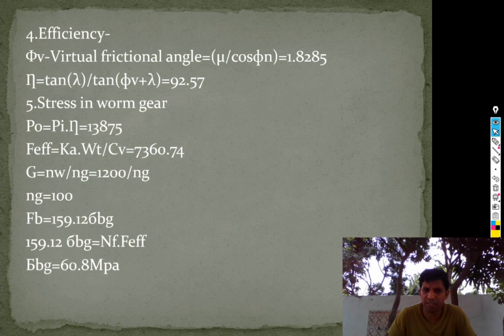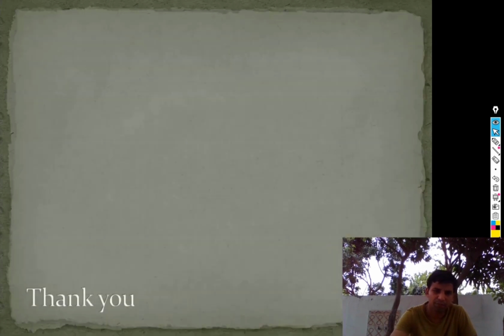We don't have the value of sigma bg, that is the bending stress for the worm gear. So by comparing this value of FB with the factor of safety multiplied by F effective, we get the bending stress for the gear, that is 60.8 megapascal.